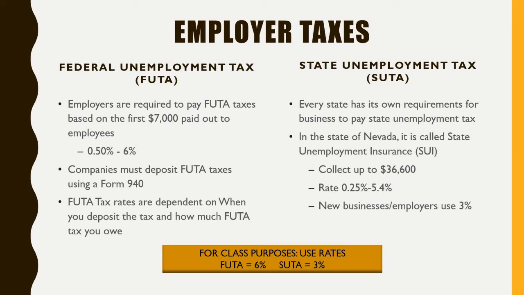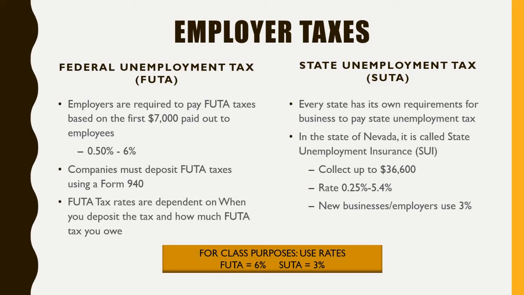So, again, size of the company does matter in this case, right? Because this right here is going to be your responsibility to pay into federal unemployment taxes. So in this case, for this class, we're just going to assume the highest value, right? We're just going to do 6% to make it easy for class, so we don't have to be super complicated in this, okay?